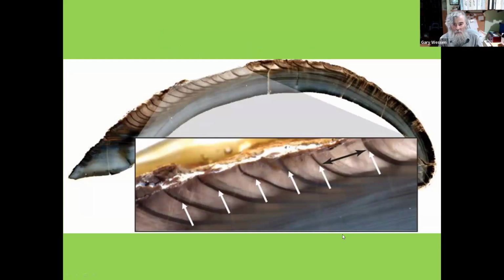Bivalves metabolize calcium carbonate. And they also continue to add shell size and body mass for as long as they live. So a really large one is a really old one. They don't grow as fast once they reach sexual maturity, because then they're putting a lot of energy into reproduction, but they continue to grow.